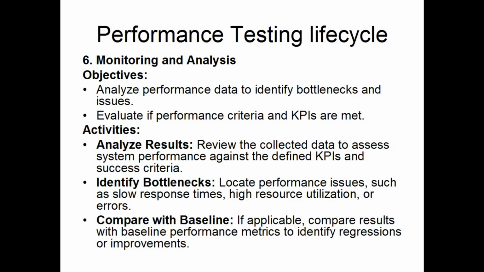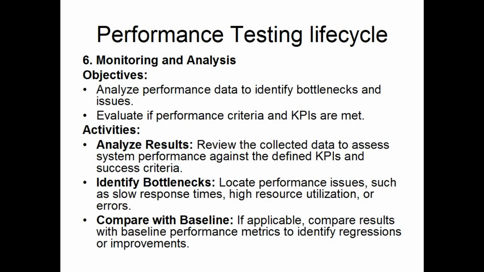Then we are monitoring and analyzing. For example, the objectives would be to analyze performance data to identify bottlenecks and issues, and evaluate if performance criteria and KPIs are met.